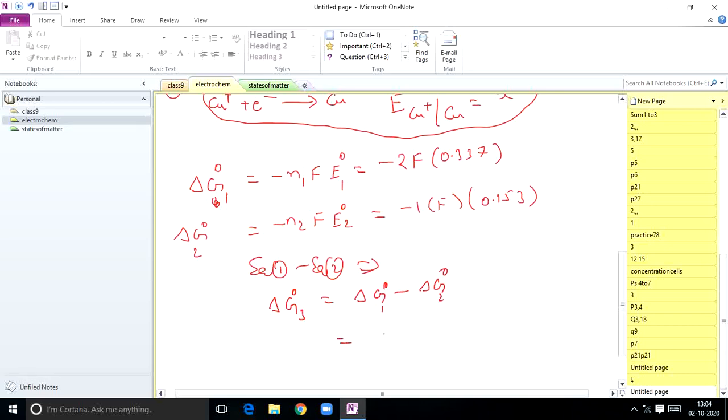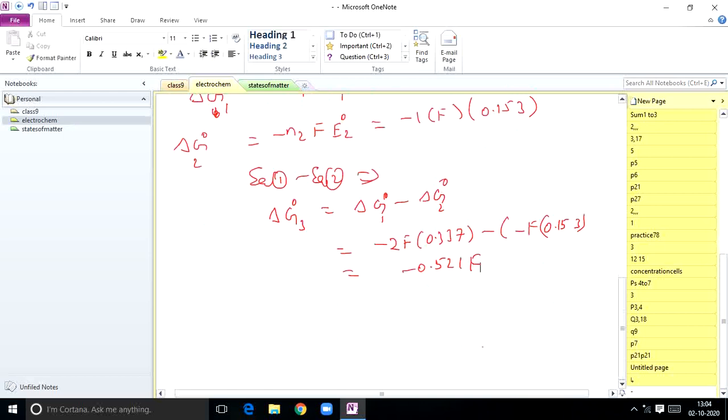So here what will you get? Finally, if you take subtraction, minus 2F into 0.337 minus of minus F into 0.153. So how much will you get? If you do the subtraction, you will get minus 0.521 Faraday.